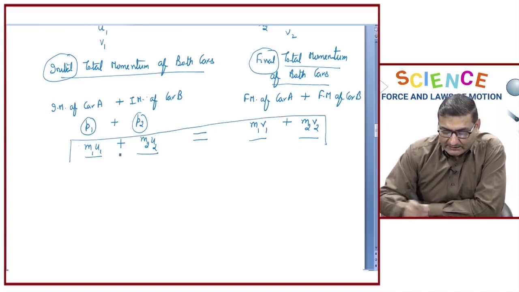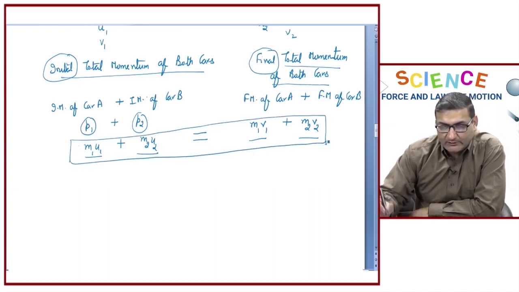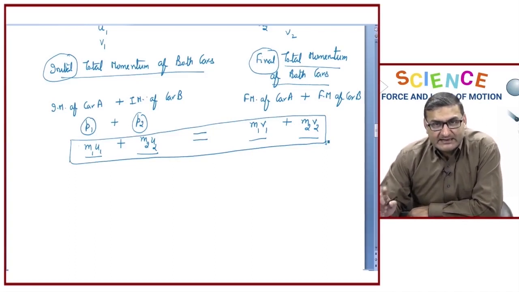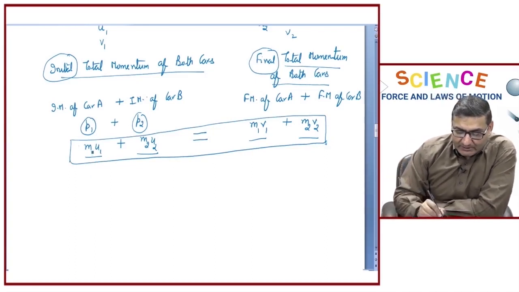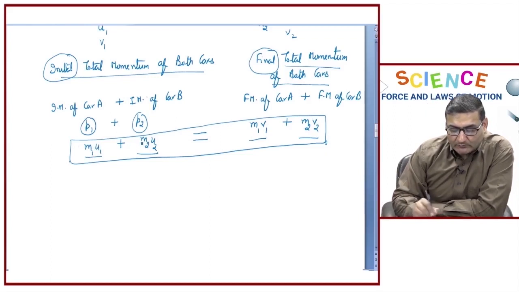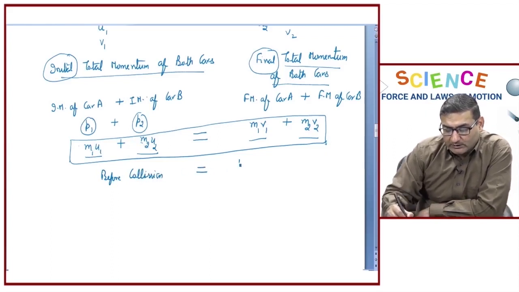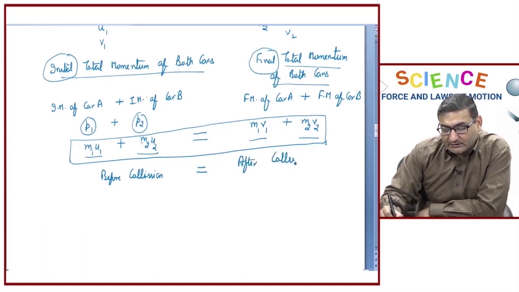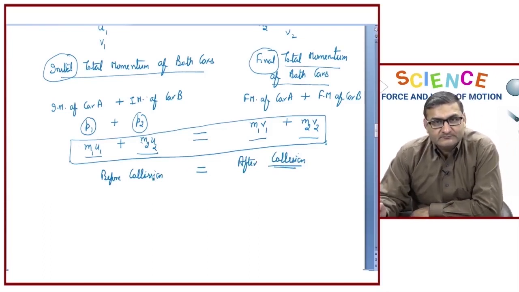Try to relate, my dear students, what exactly the law of conservation of momentum states. It states that the total momentum of two bodies before collision is equal to the total momentum of these two bodies after the collision, right.